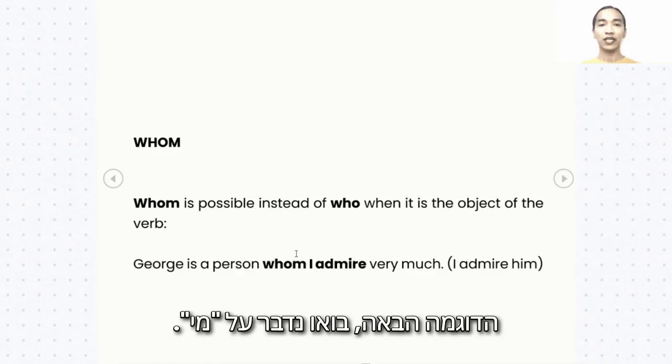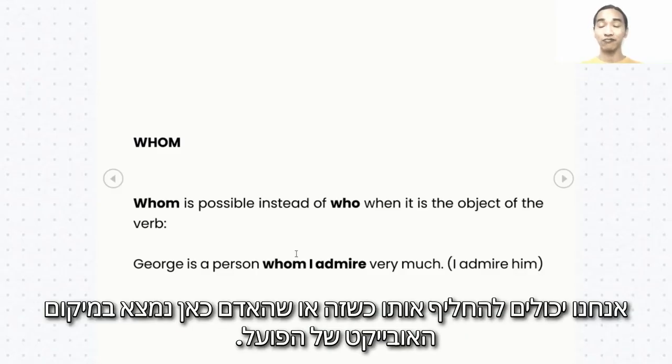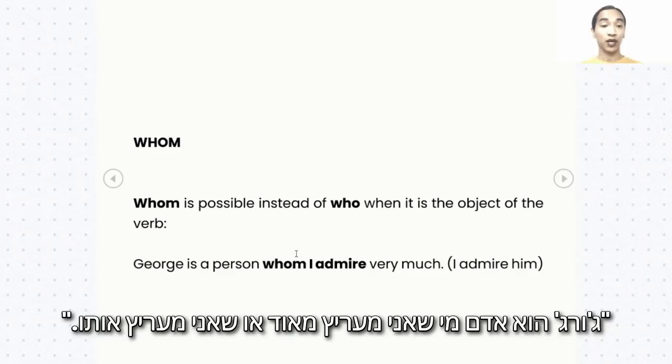Next one here, let's talk about whom. Whom is possible instead of who, we can use it when the person here is in the object position of the verb. Example, George is a person whom I admire very much, or I admire him.